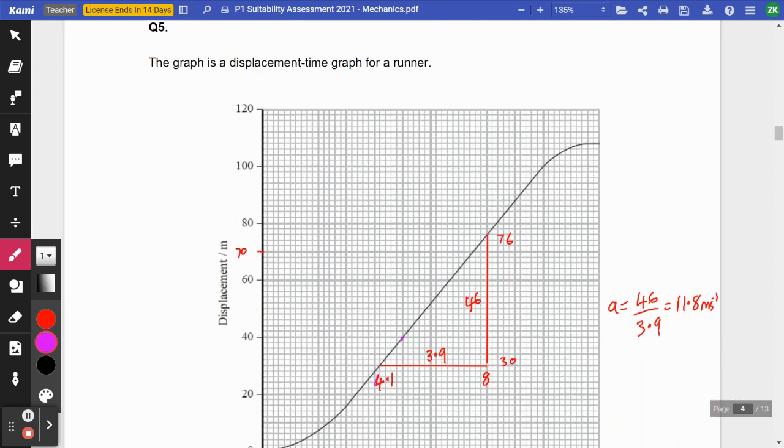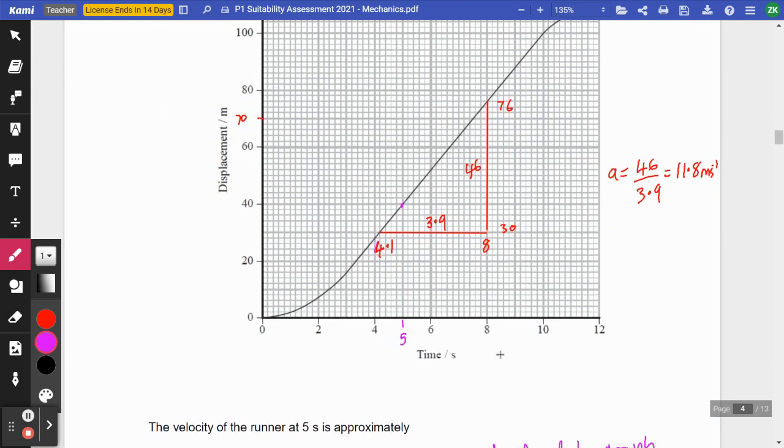Question 5, you've got a displacement time graph, and we want to work out the velocity of the runner at 5 seconds. So at 5 seconds go up to here, it's a straight line. On a displacement time graph, a straight line corresponds to constant velocity.